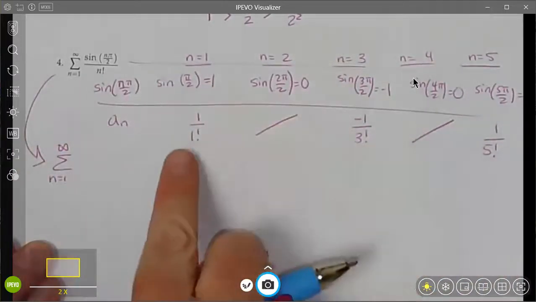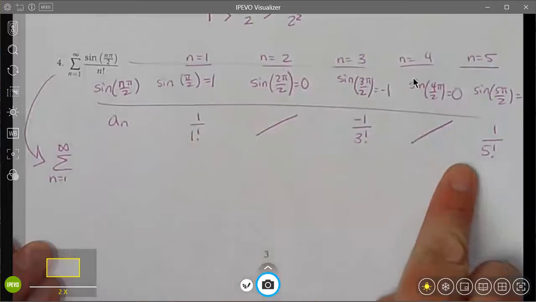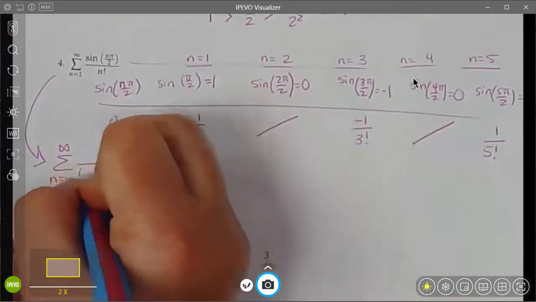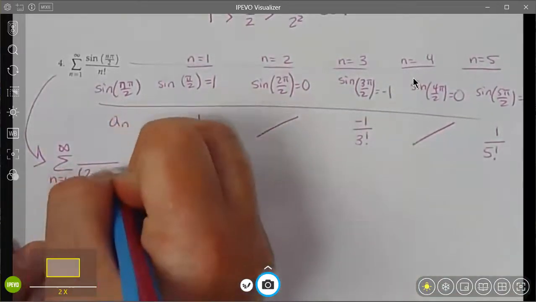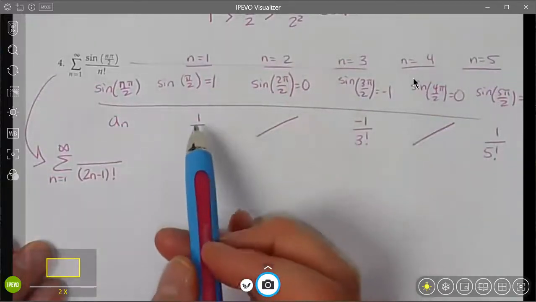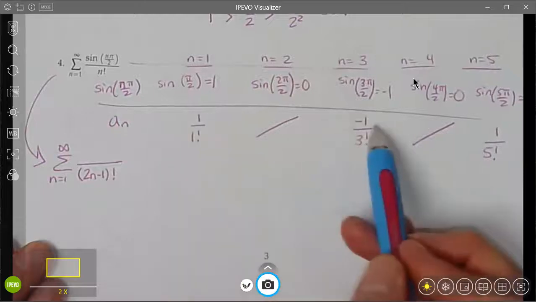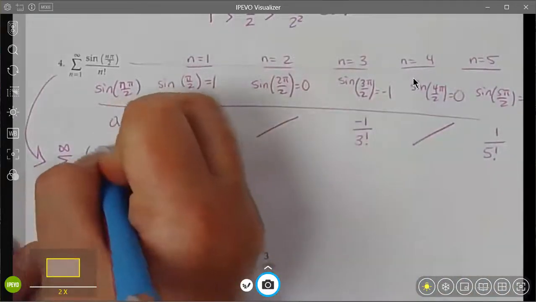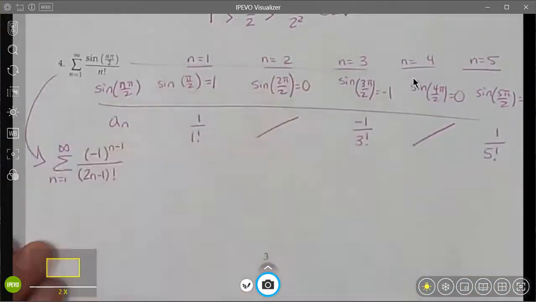I know that I'm doing the odd numbers in the bottom. So a representation for odds is 2n minus 1. We'll put the factorial on there. So odds are represented by either 2n minus 1 or 2n plus 1. And then these are going positive, negative, positive, so I can do something like negative 1 to the n minus 1.